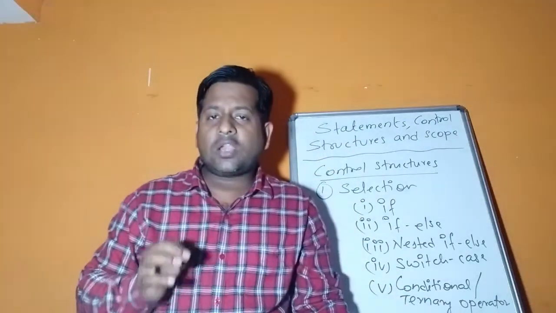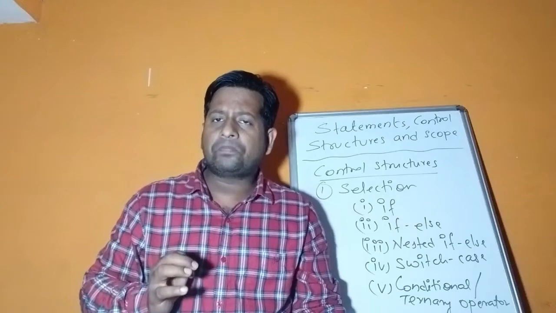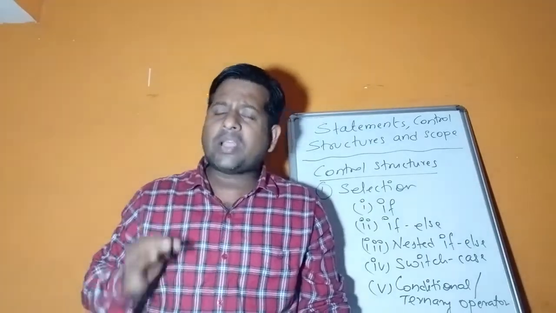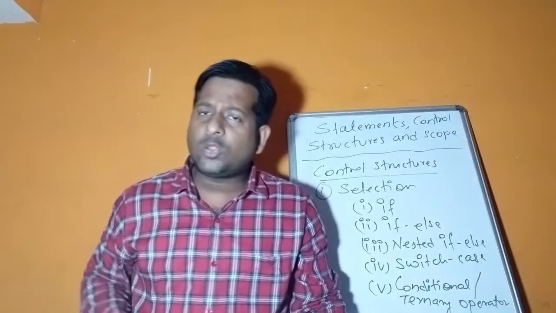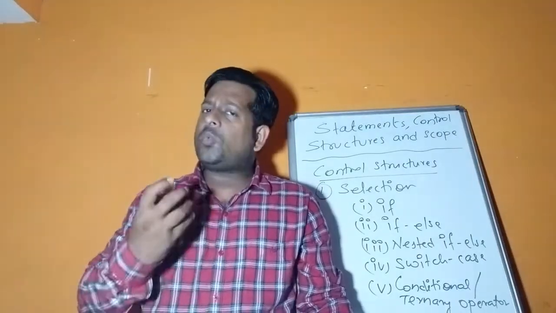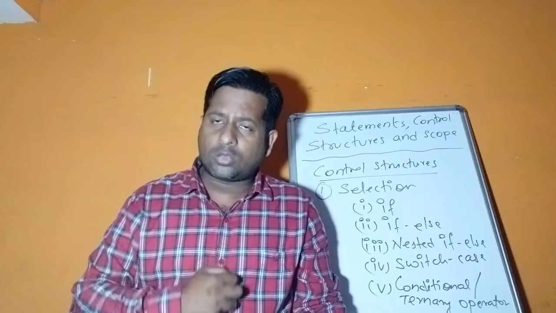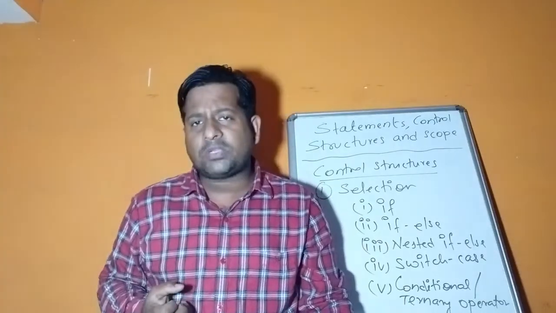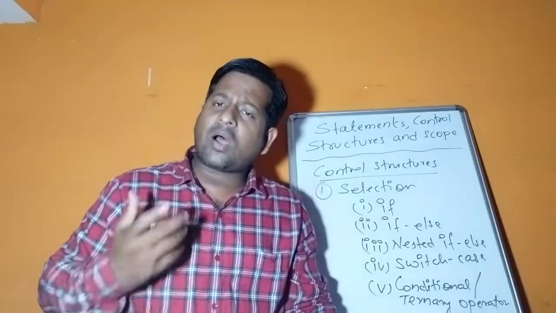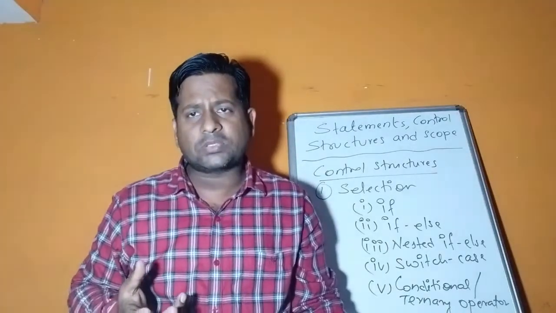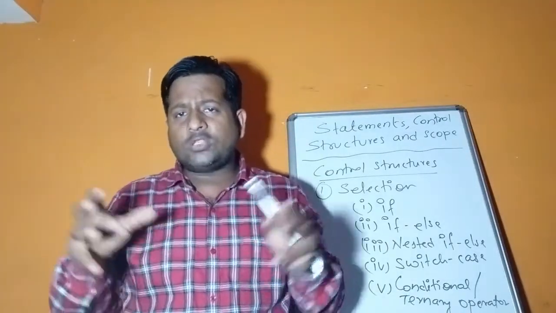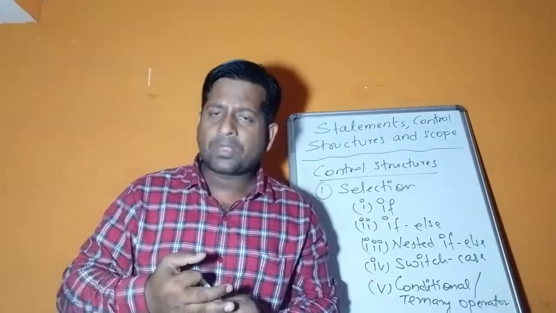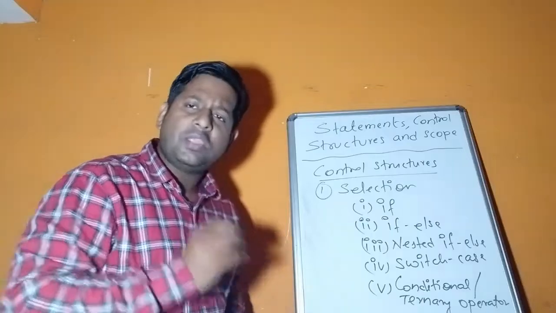Here the conditional or ternary operator acts the same as if else, or you can say we can even use nested if else also. Here we have two symbols, question mark and colon. The question mark always indicates that after this we have a true statement, and the colon always indicates that after this we have a false statement. So the question mark and colon together make a ternary operator with three expressions. This special feature is available in Java.